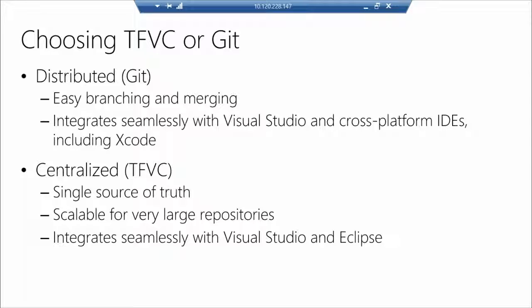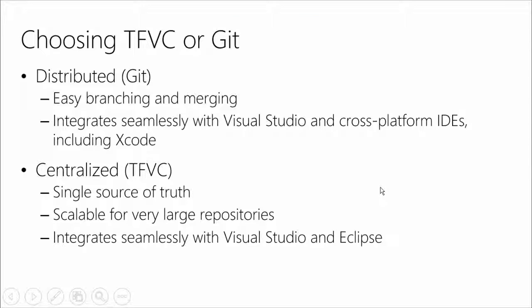The branching and merging occurs locally, extraordinarily lightweight, and integrates seamlessly with things like Visual Studio, as well as lots of cross-platform IDEs. So if you happen to be using something like Xcode, for instance, any IDE that supports Git, you can use Visual Studio Online with Git.